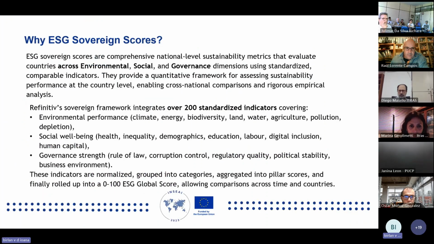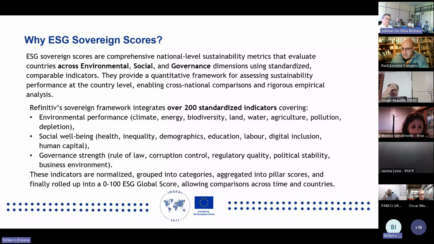Perhaps you're asking yourselves why ESG sovereign scores, how are they related to informality? Well, the ESG scores are very comprehensive national level sustainability metrics across 3 dimensions: environmental, social, and governance. They use standardized comparable indicators, and they are used by credit agencies in sovereign ratings.